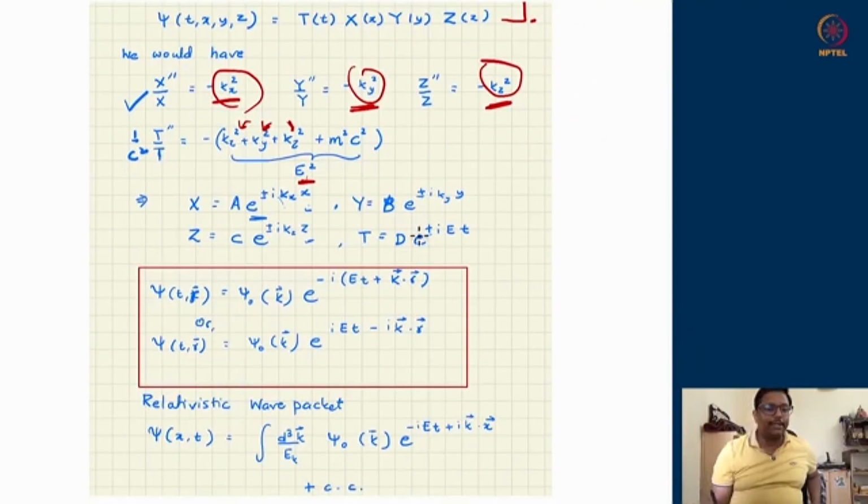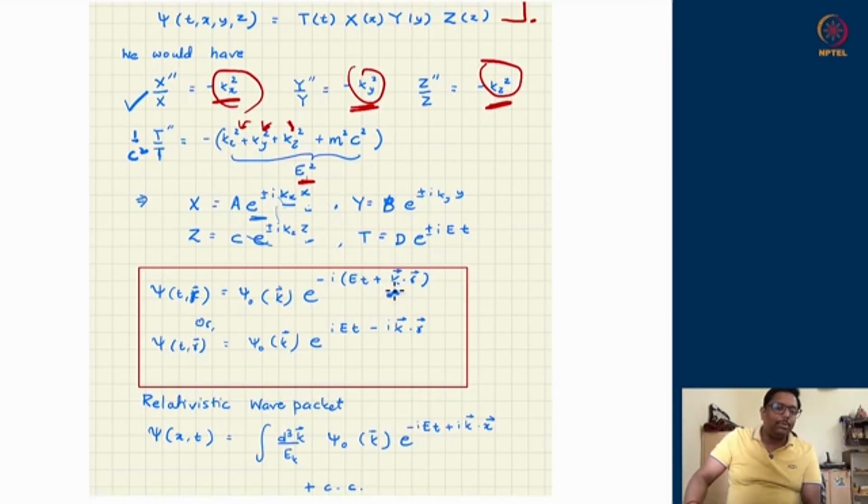Okay, once I combine, that means I put all the functions together, I can write down the wave function as a product of all functions, which will become e to the power either plus iota kx minus iota ky plus iota kz, or any combination of this plus minus. So any combination of kx, ky, kz with plus or minus sign, I'm going to call some vector k.